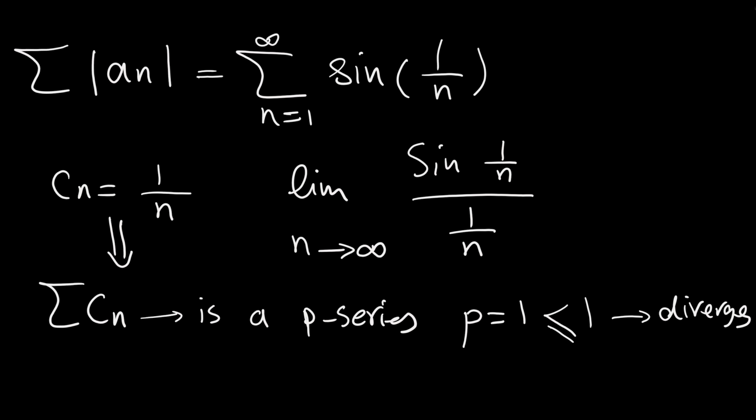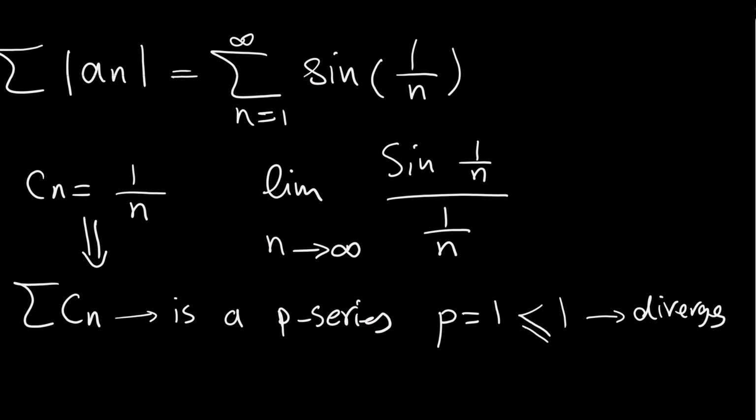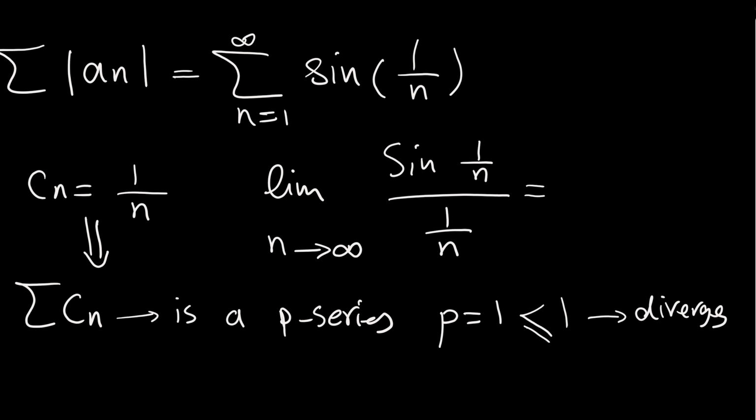Now let's find the limit and see what the answer is. How can we find the limit of sine of 1 over n divided by 1 over n when n approaches infinity? If you plug in infinity, you get sine of 1 over infinity, which is 0, so sine of 0 over 0. Sine of 0 is 0, and the denominator is 0.